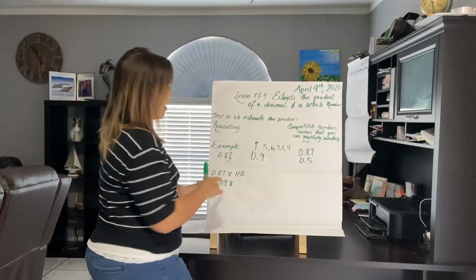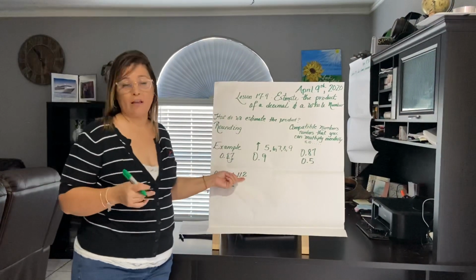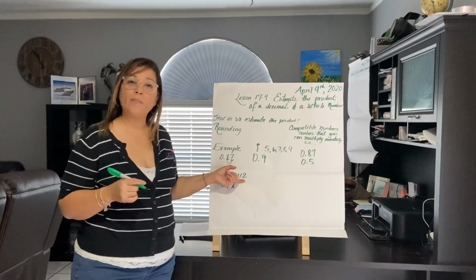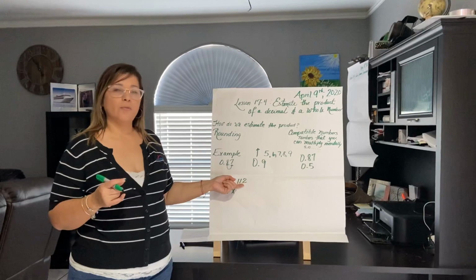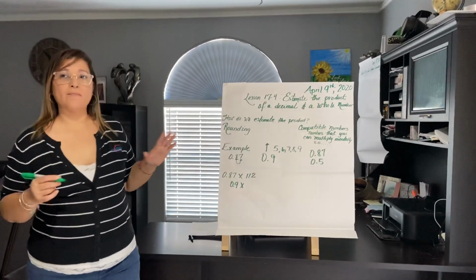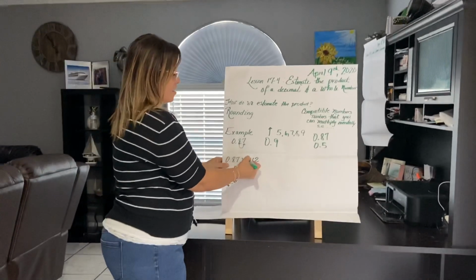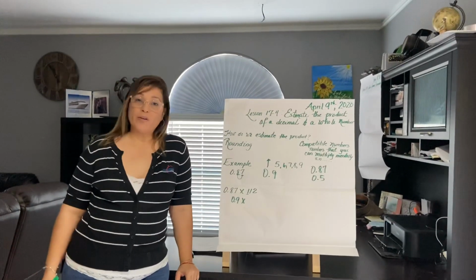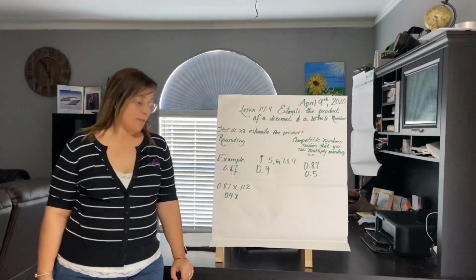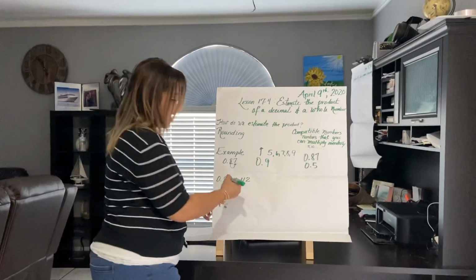And if I'm going to round 112, because I also have to round my whole number, if I'm going to round it to the nearest 100, we're looking at what number? Which one is going to be my indicator to know if my 1 in the hundredths place is going to move up or going to stay the same? That's correct. The one that is in the tens place.